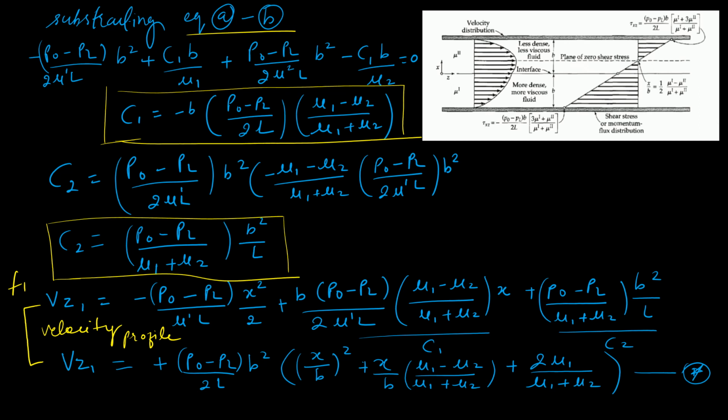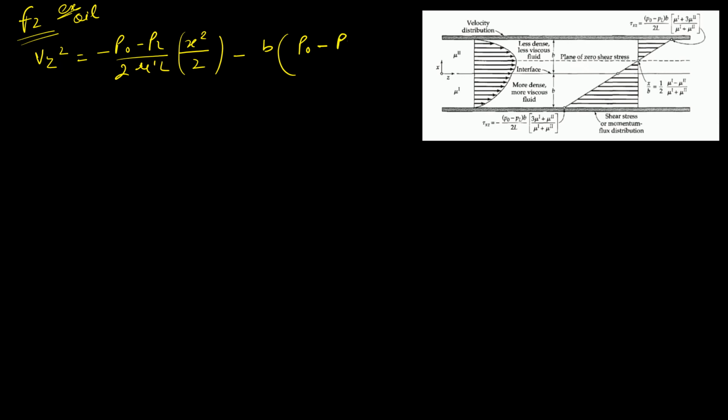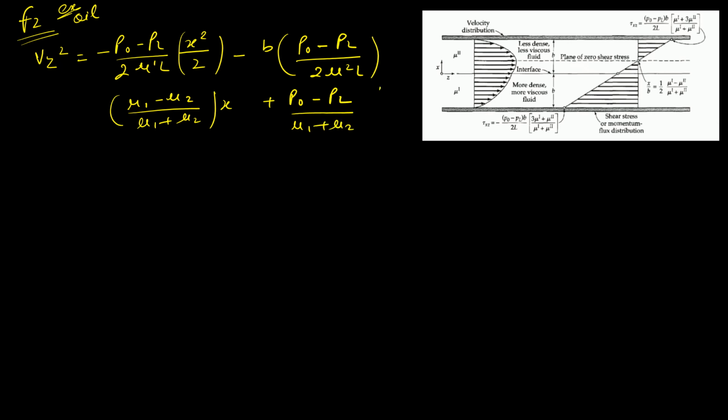For fluid 2, for example, Vz2 equals minus (P naught minus PL) upon 2 mu L x square upon 2 minus b value of C1 upon 2 mu2 L into (mu1 minus mu2) upon (mu1 plus mu2) into x plus (P naught minus PL) upon (mu1 plus mu2) into b square upon L. So this is C1 and C2.